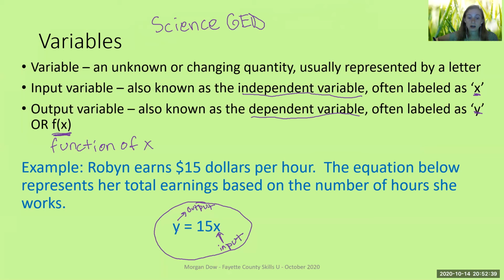So this equation is saying that her total earnings are equal to 15 an hour times the number of hours that she works. So this right here is an example of a function. It is actually a linear function, which we're going to be talking more about next week and the week after that.